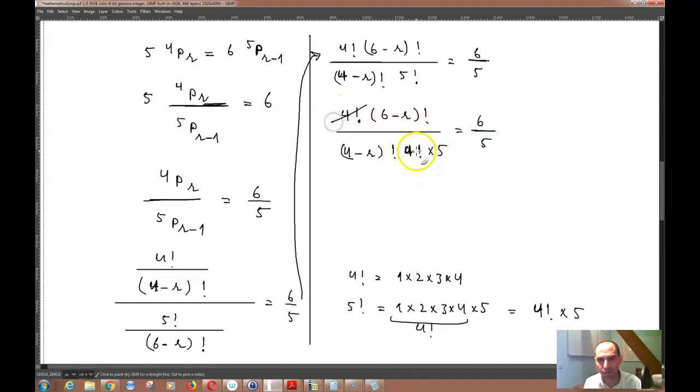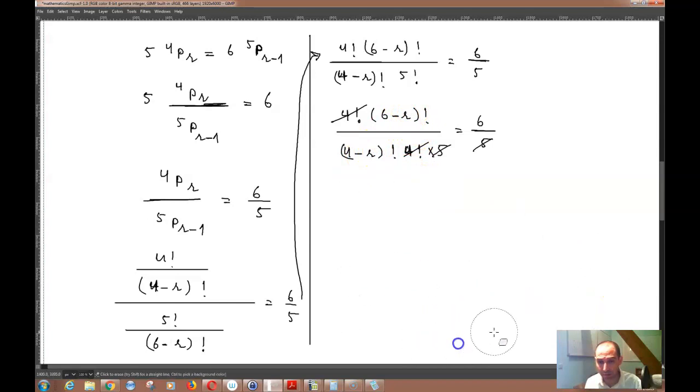And then I can simplify these two, and then of course I can simplify these 5's in the denominator. Now the only thing that needs to be taken care of is these two. Now this is a little bit tricky.